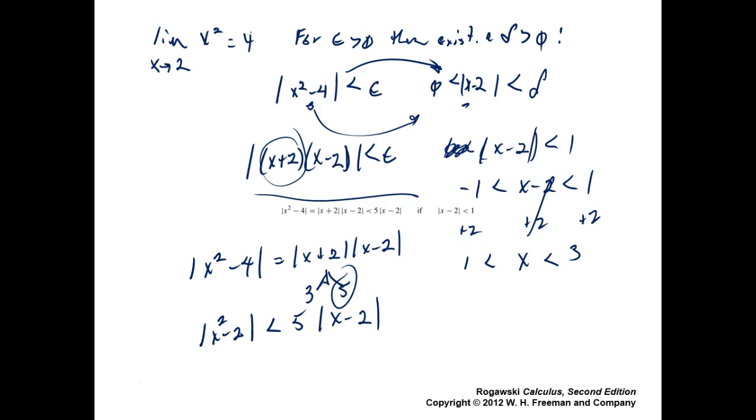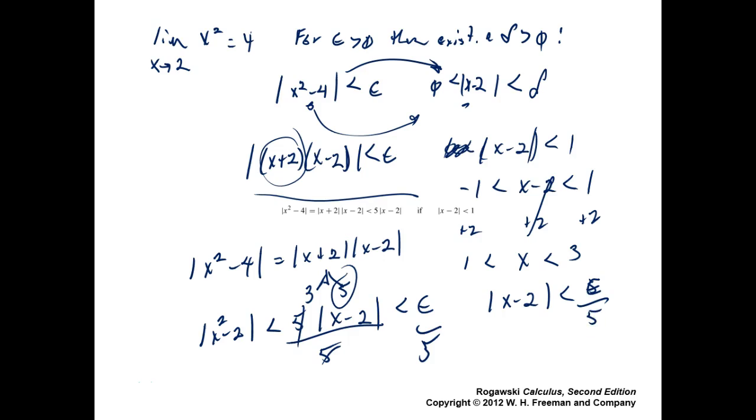Okay? So therefore, this thing we're looking for has to be less than epsilon. So we can divide this by 5. So on the one hand, absolute value of x minus 2 is less than epsilon over 5.